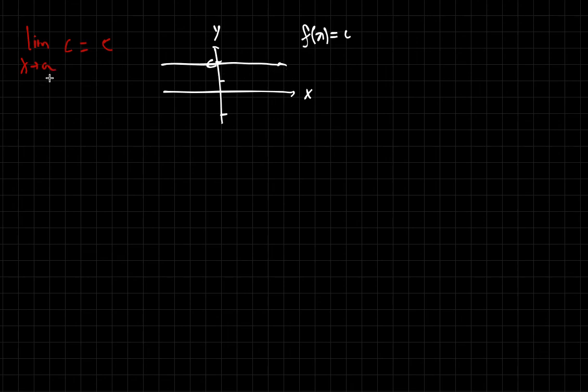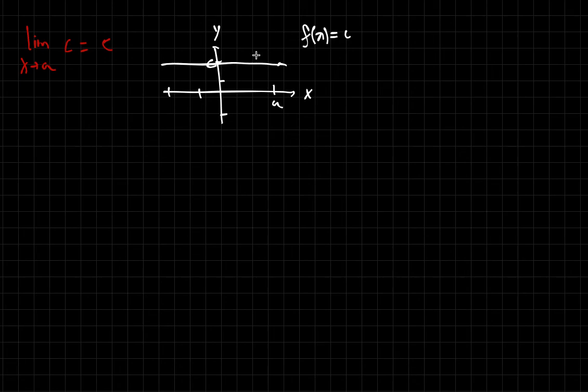What I'm saying is if x approaches a for c, it equals c. So it doesn't even matter what value x approaches. A could be here or here or here. It doesn't really matter. Whatever x approaches, y will always approach c. And that's because it's just a horizontal line.